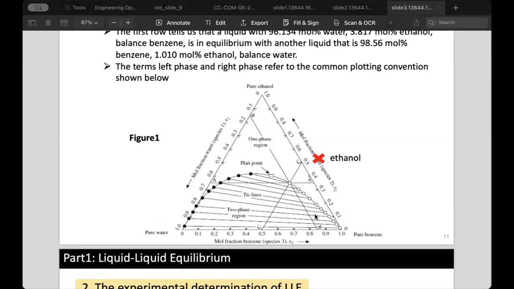If you identify that your mixture is, for example, in this tie line, you can see my cursor, right?